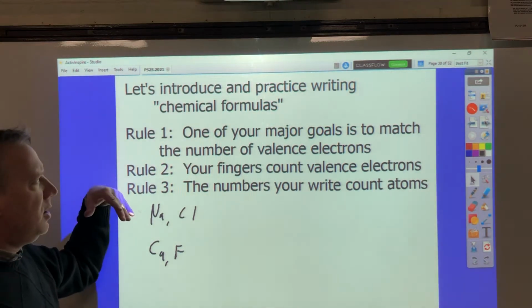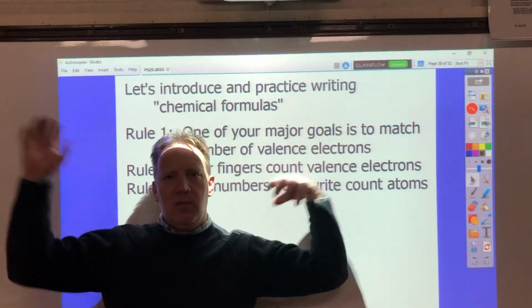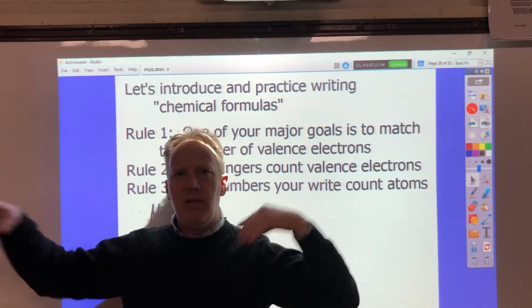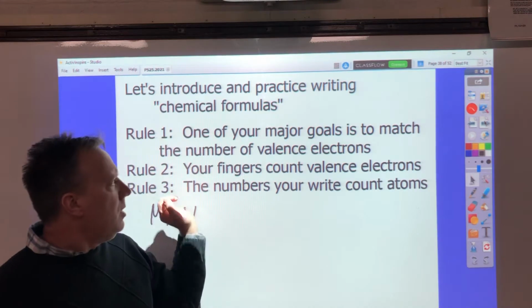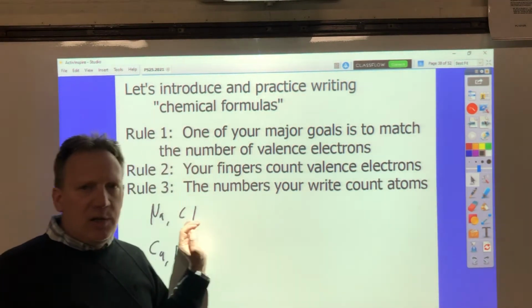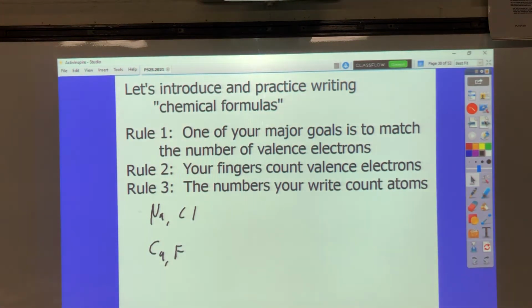You're going to do 3 things. You're trying to match the number of valence electrons given and taken from the opposite ends of the table. Those are the only compounds we're going to work with. Metals that give, nonmetals that take. You're going to use the fingers to count these valence electrons, and you're going to try to match them up by changing the atoms and changing the numbers on the subscripts.